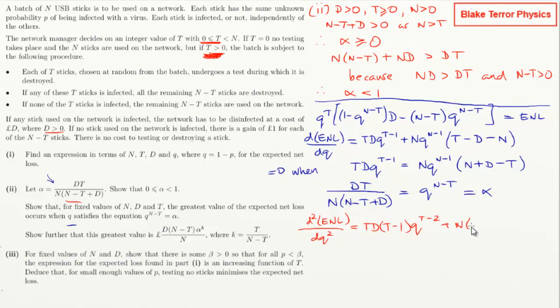Plus n minus 1 q to the n minus 2 times t minus d minus n. Right, and I need to see whether that is going to be greater than or less than 0, and we want it to be less than 0.